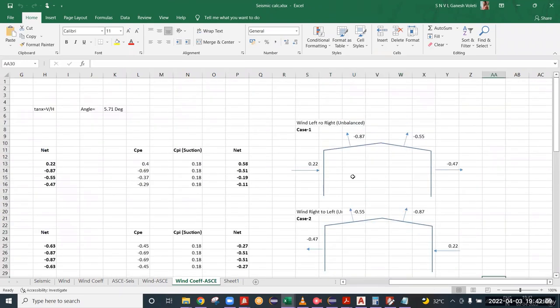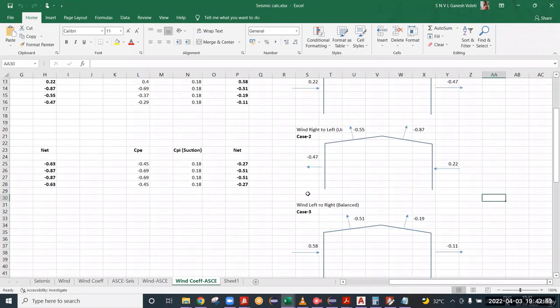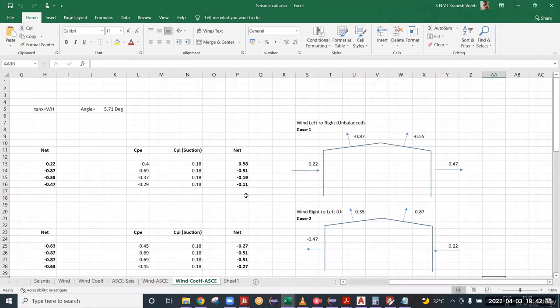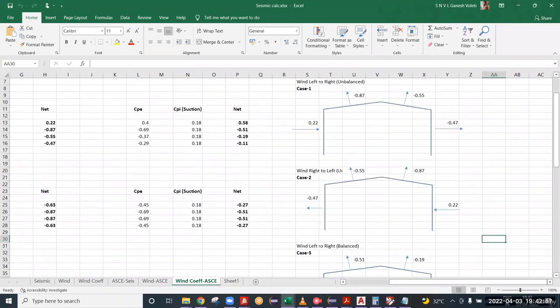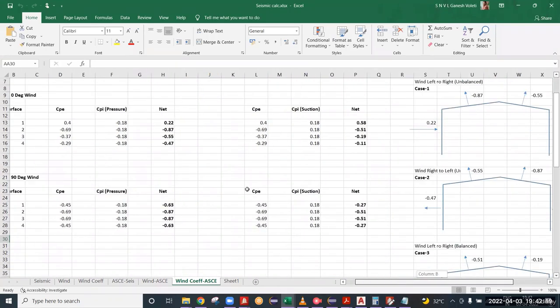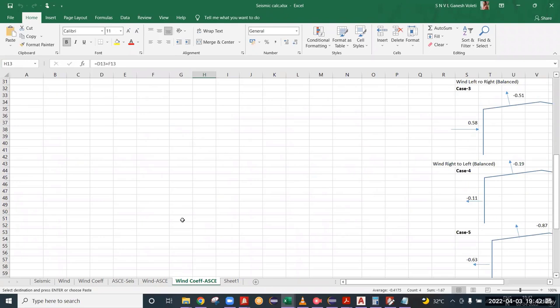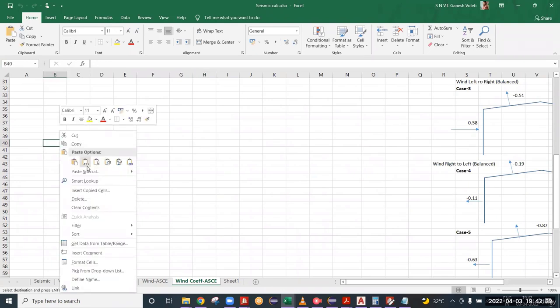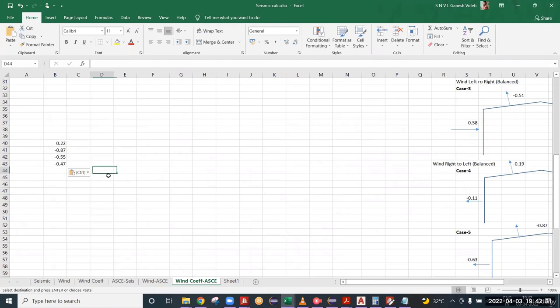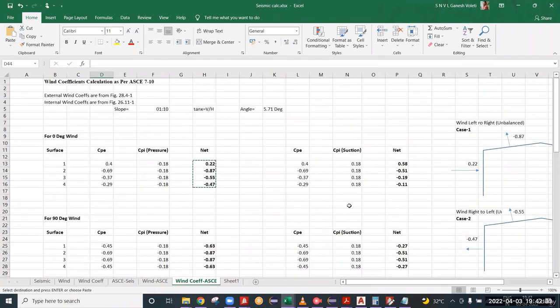The same coefficients I'm going to use in this case. Okay, for your understanding, I'm taking all these things and just pasting here, pasting as values only.